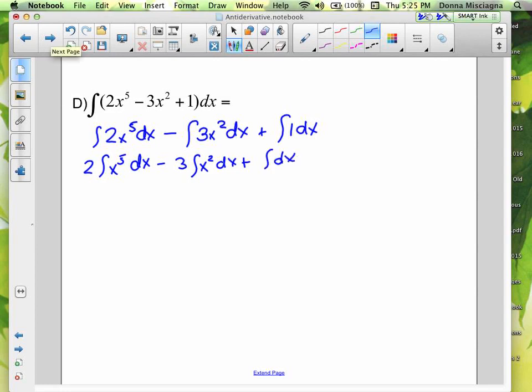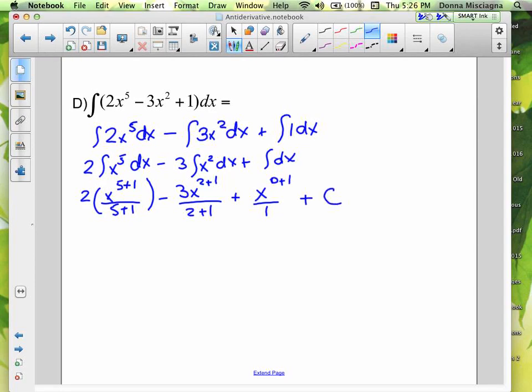Okay. So all power rules, so this would be 2 times x to the 5 plus 1 divided by 5 plus 1, minus 3 times x to the 2 plus 1 divided by 2 plus 1, plus x to the first divided by 1, right? Because this would be x to the 0 plus 1, plus our constant.